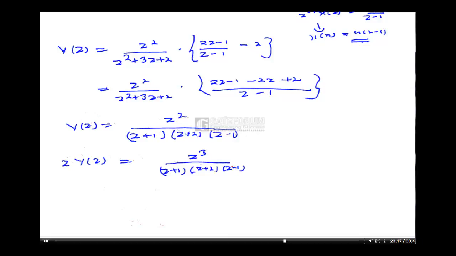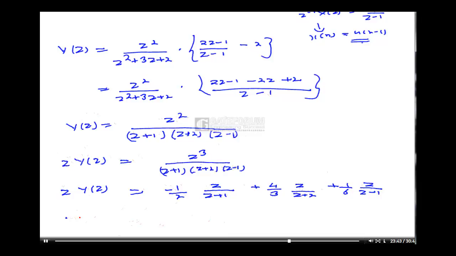Okay. So, on partial fraction, this will give me 1 by 2 z upon z plus 1 plus 4 by 3 z upon z plus 2 plus 1 by 6 z upon z minus 1. Okay. Now, the thing is, I got Y(z) over z.